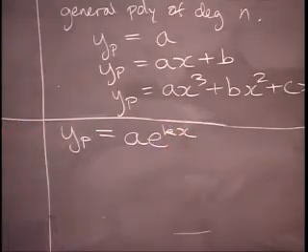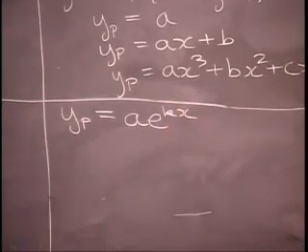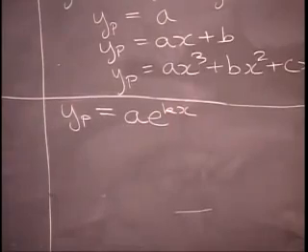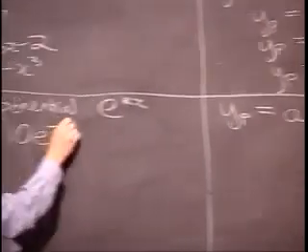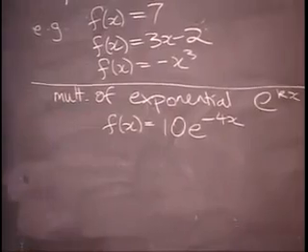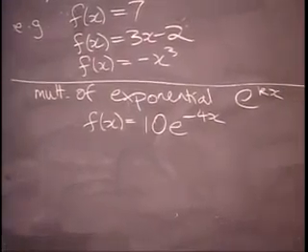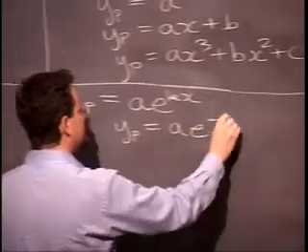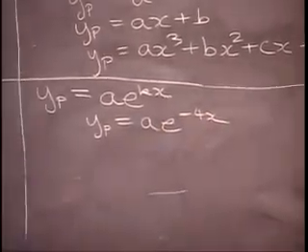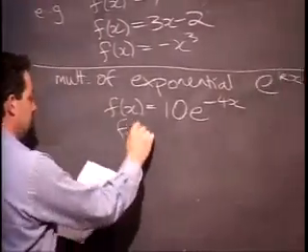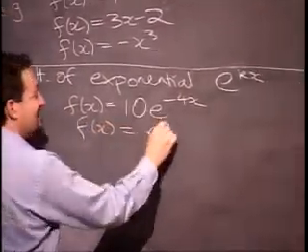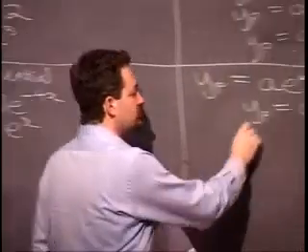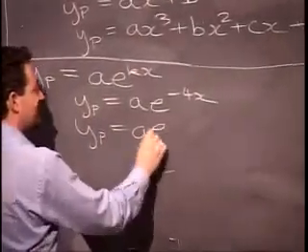So, for example, if the right-hand side is 10e to the minus 4x, so that appears on the right-hand side of your original differential equation, well, then you immediately set yp is a e to the minus 4x. Forget the 10. That's not necessarily right. Or if f of x equals just e to the x, then the particular solution would be just a constant e to the x.